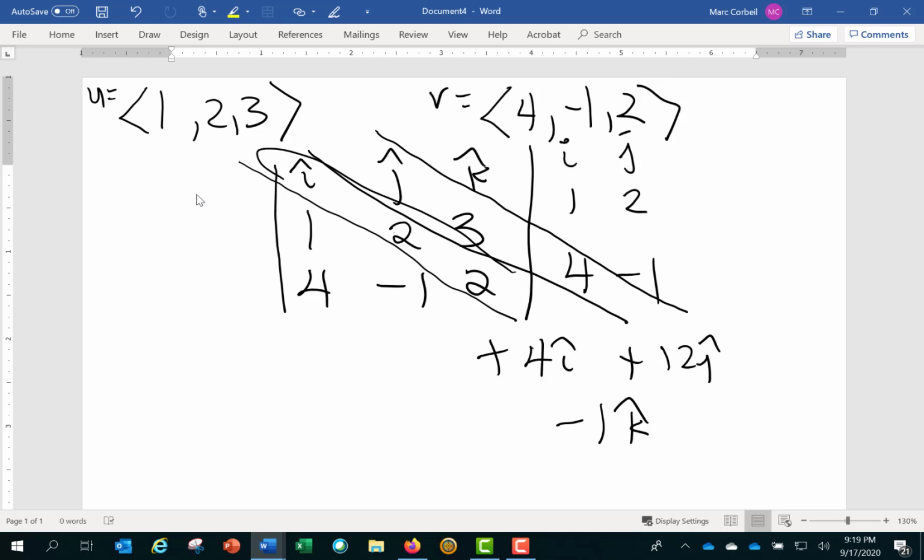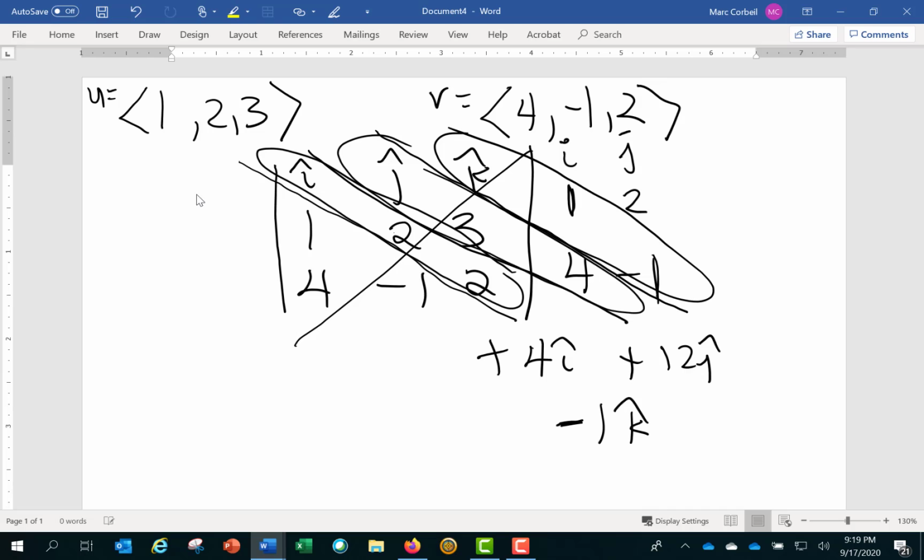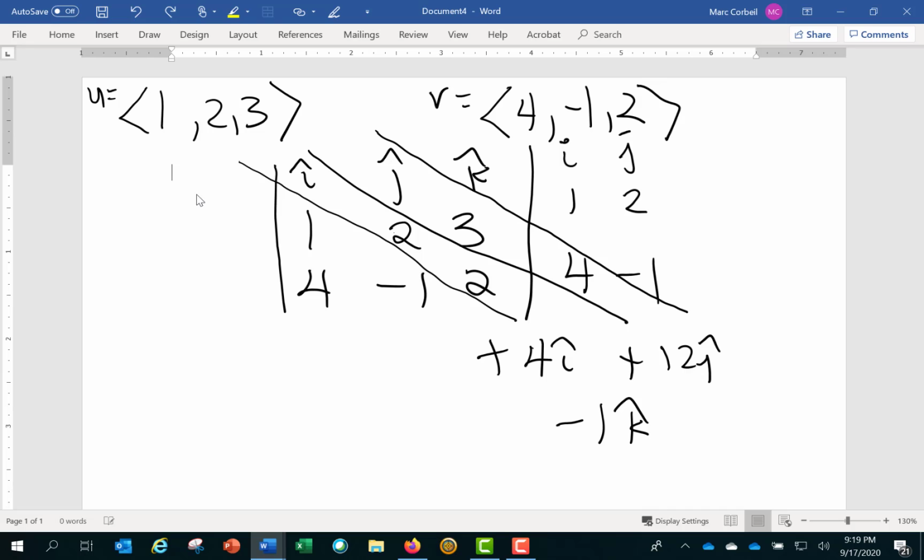So I go along these diagonals and add the numbers. Going the other way, it gets messy here. On the other side, it would be 4 times 2, 8. Now because it's on the left, negative 8K.